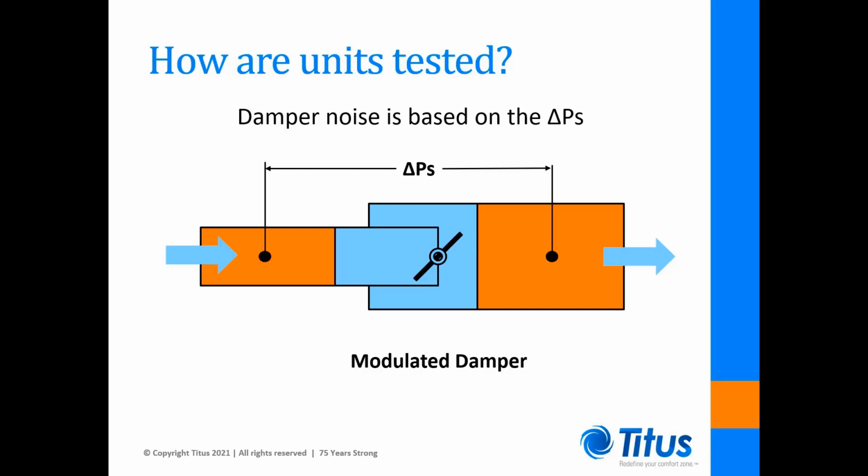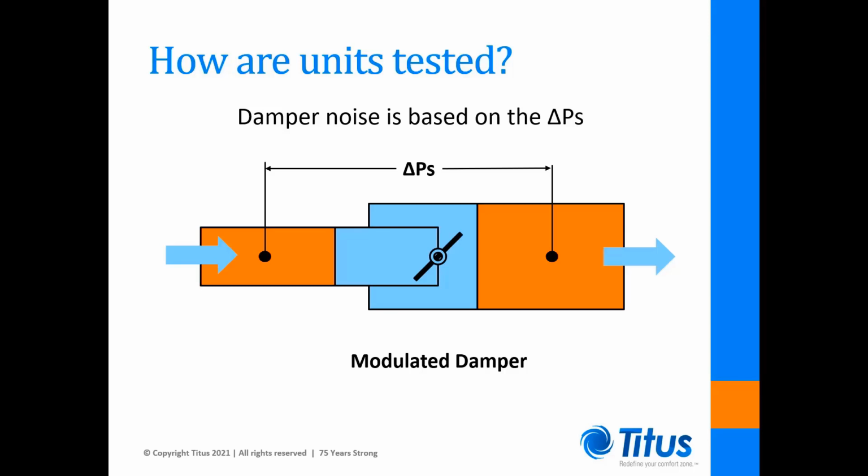It might interest you to know that the noise generated by a damper in a single duct terminal is dependent on the delta PS, or the pressure drop across the unit from inlet to outlet. For instance, a unit with 1 inch of pressure on the inlet, a unit pressure drop of 0.05 inches, and a discharge pressure of 0.25 inches would create sound based on a 0.7 inch delta PS.